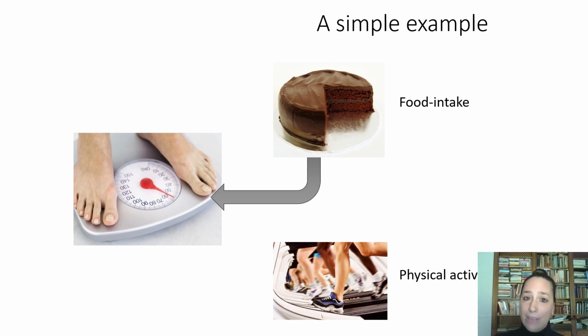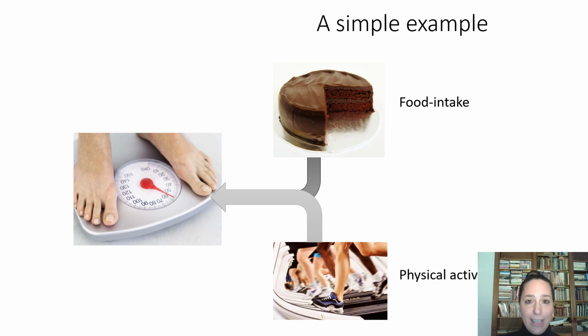So this is a positive relationship. While the more physical activity I have, the less I gain weight, which means it has a negative relationship. So these two things influence my weight differently, from a different direction.